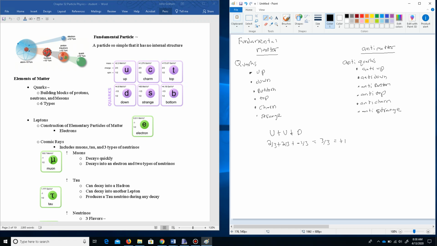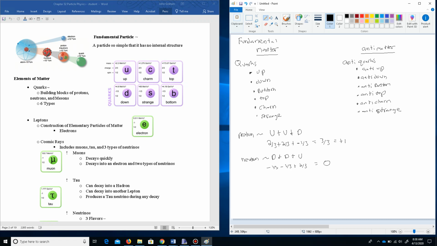Okay. If we look at 2 downs and an up, you have negative 1/3, minus 1/3, plus 2/3. These are going to end up being 0. Right, so this is the makeup of a neutron. This is the makeup of a proton. And showing the charge equals what you see them as.